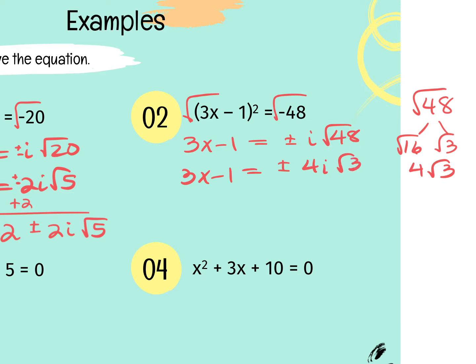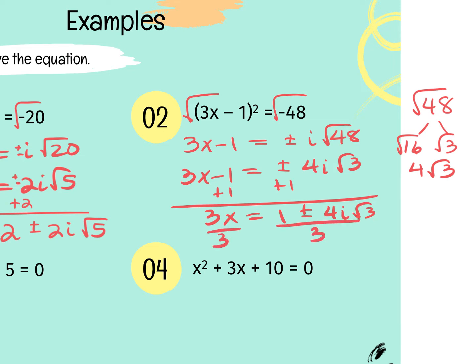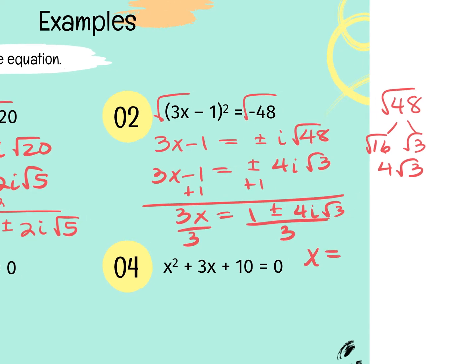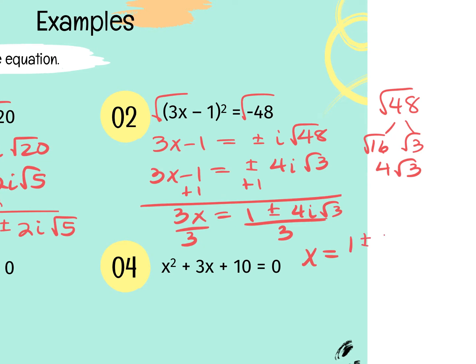And then I'm going to add 1 and then divide by 3. 3x equals 1 plus or minus 4i square root 3. Divide both sides by 3. Final answer, 1 plus or minus 4i square root 3 over 3. Notice really it's the same thing that we did. The only difference now is we have i's in our answer.